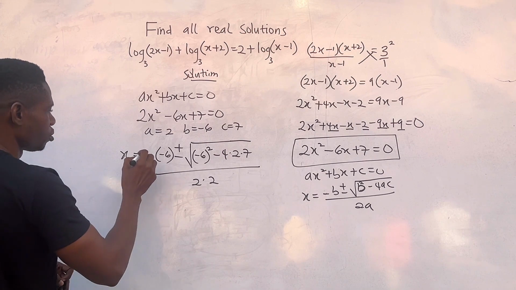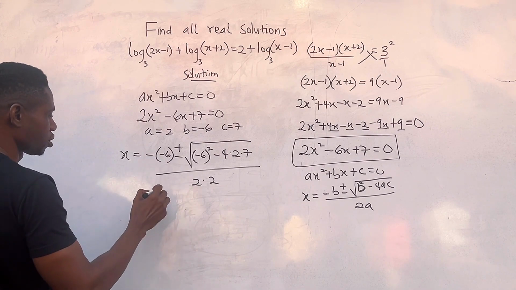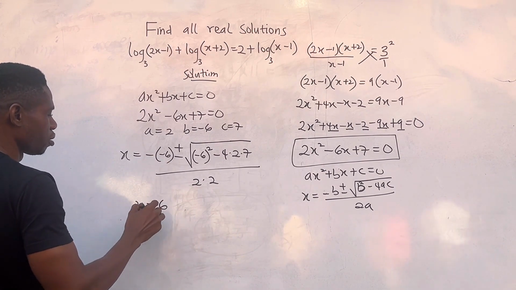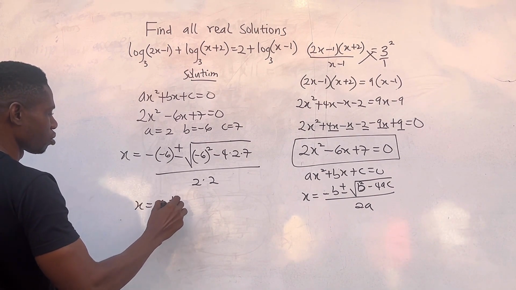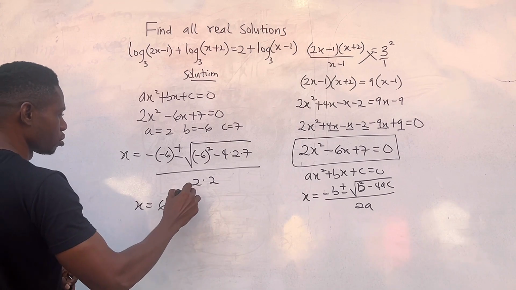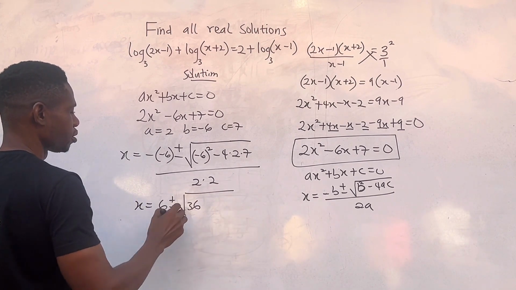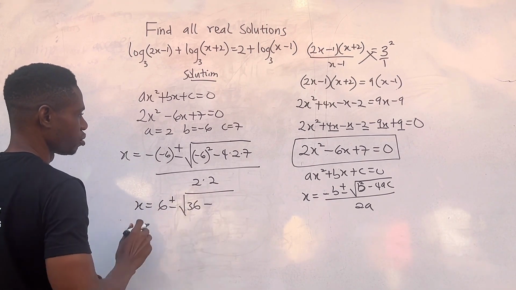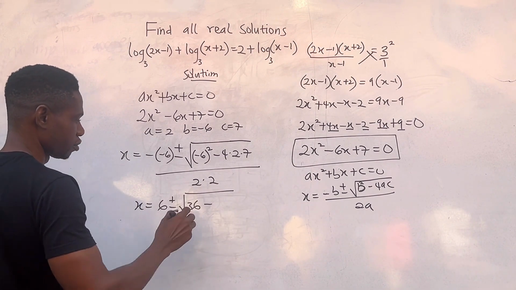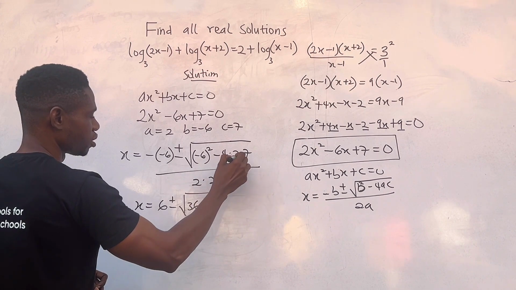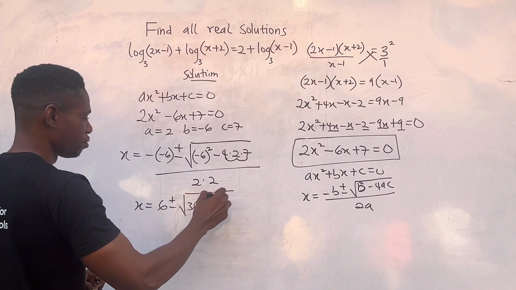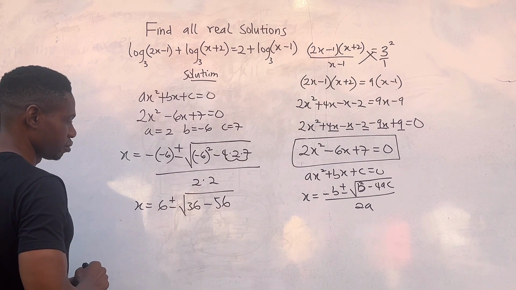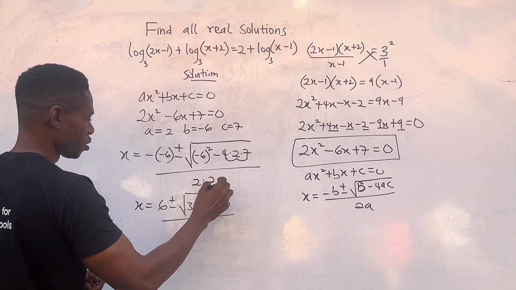Okay, so this will give us positive 6, as x will be positive 6 plus or minus the square root of 36 minus 8 times 4 is 8, 8 multiplied by 7 is 56, all over 4.